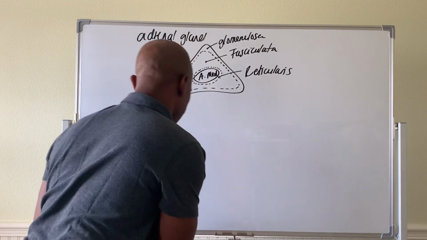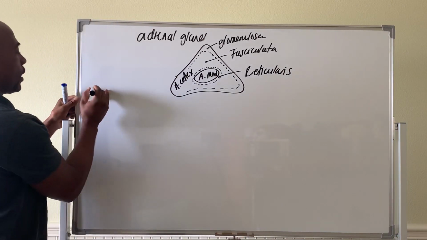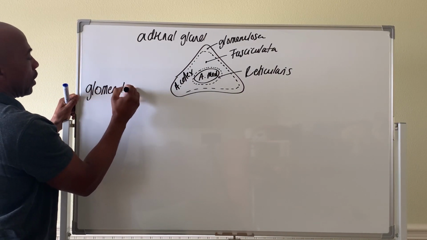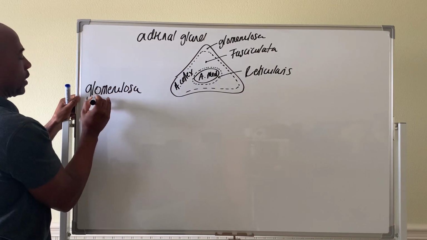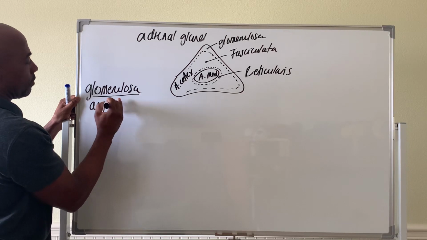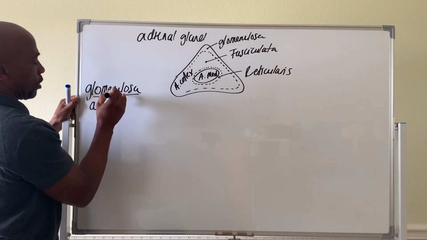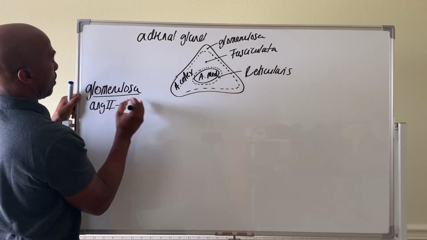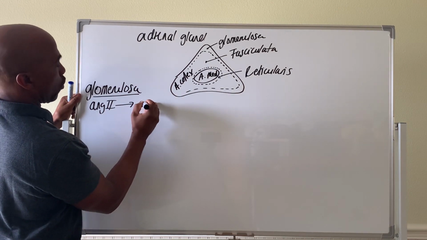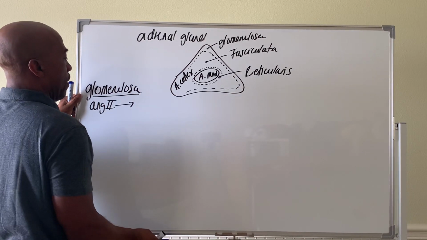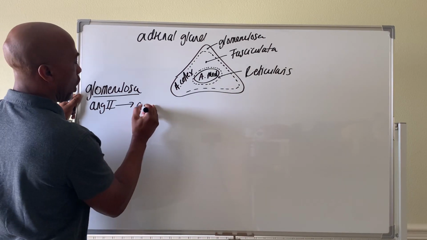Okay, so let's go first with the zona glomerulosa. In response to angiotensin 2, the hormone triggers this zone to produce, not cortisol, sorry, a mineralocorticoid called aldosterone.